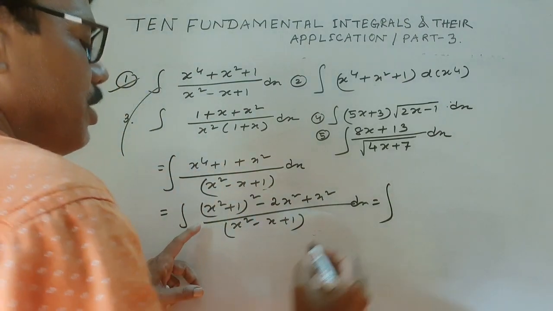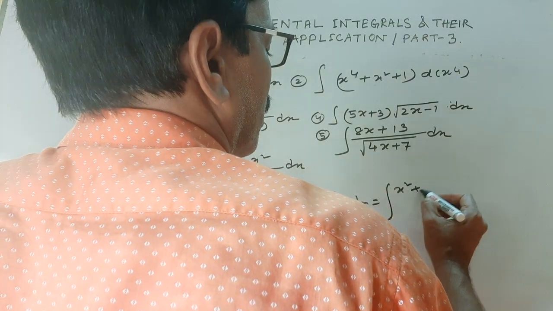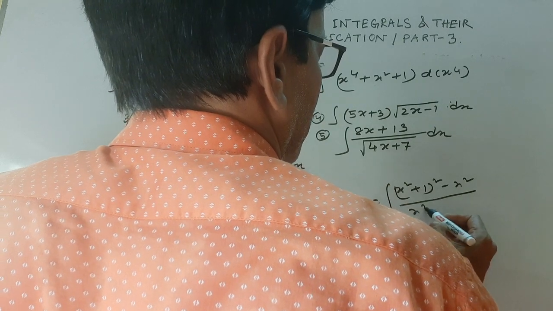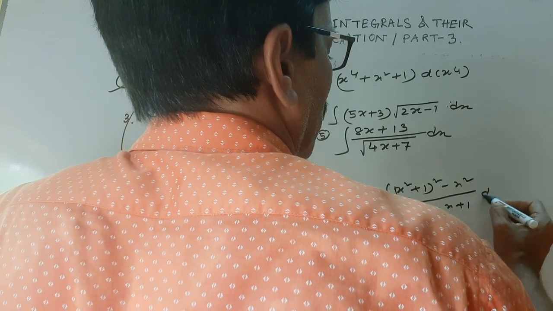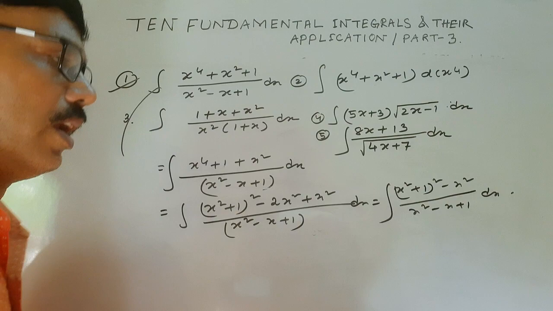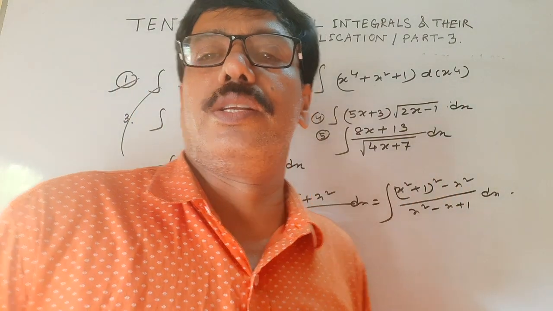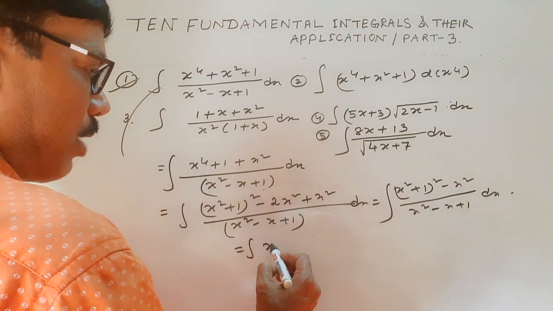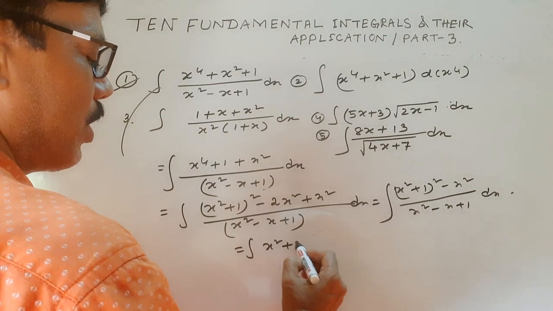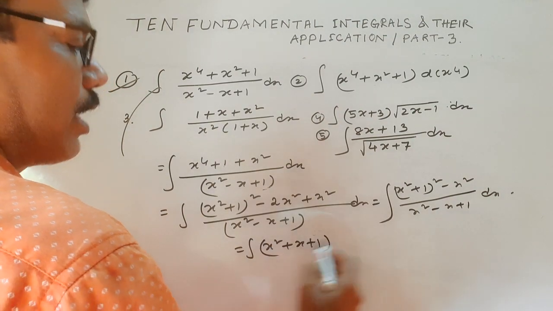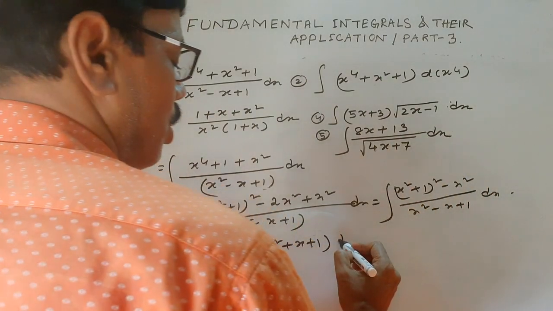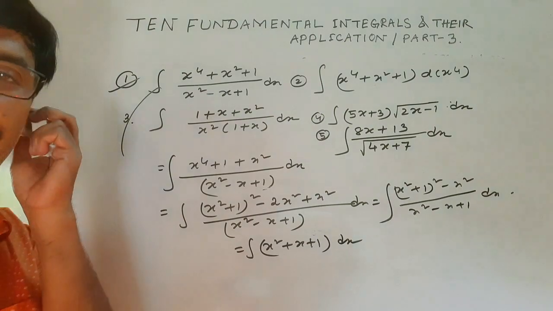Now it is (x square plus 1) whole square minus x square by x square minus x plus 1 dx. Now the denominator is cancelled out. So how? If we factorize, x square plus x plus 1 and x square minus x plus 1 is cancelled out, omitting one step.